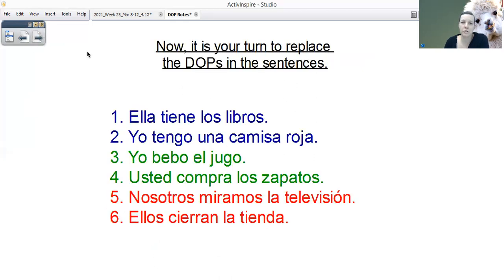So now it's your turn to replace the direct object pronouns in this sentence. So here you are, there's 6 sentences. What you need to do is look at them and identify what is the action of the verb or what receives the action of the verb. Okay, so in this case, what's being had, what's being drunk, what's being bought, what's being watched, what's being closed.